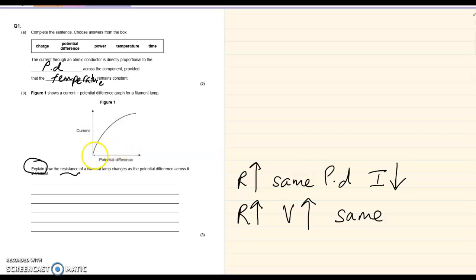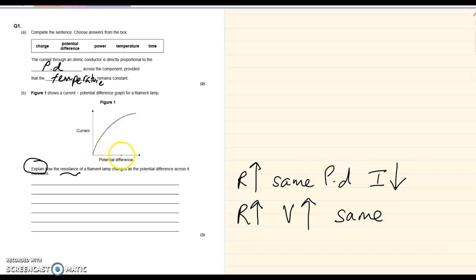So because the bigger potential difference that you can see on this axis is making a bigger current, the bigger current causes the filament in the lamp to get hotter, and as the wire gets hotter, the atoms in the wire are bouncing around with more energy, and this makes it harder for the electrons to flow through the filament of the lamp.